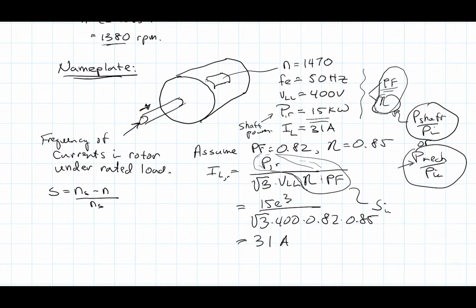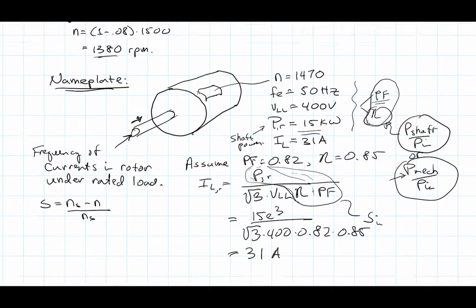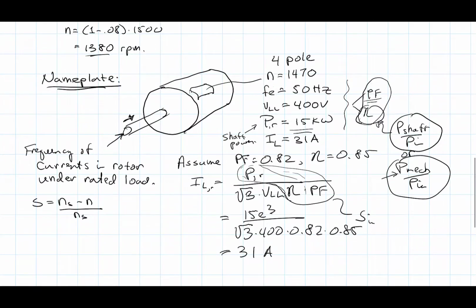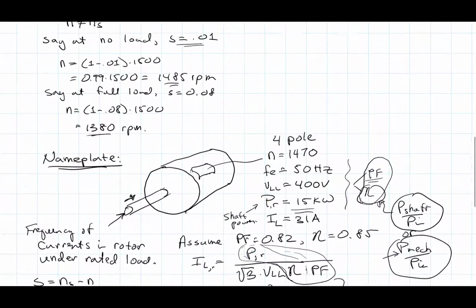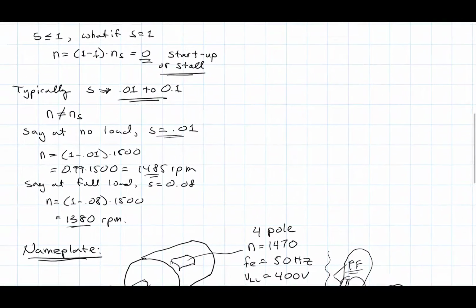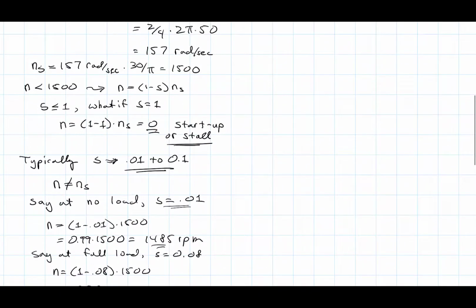The nameplate will also give the number of poles, so we'll say it's a four-pole machine. We've already found the synchronous speed of the four-pole machine; it was right here: 1500.